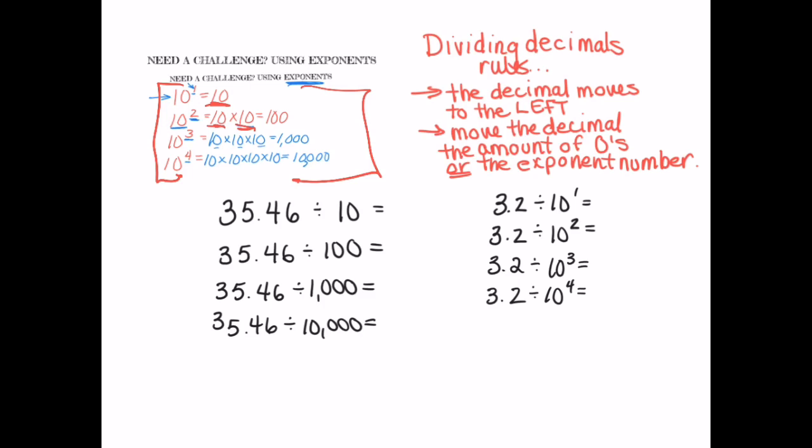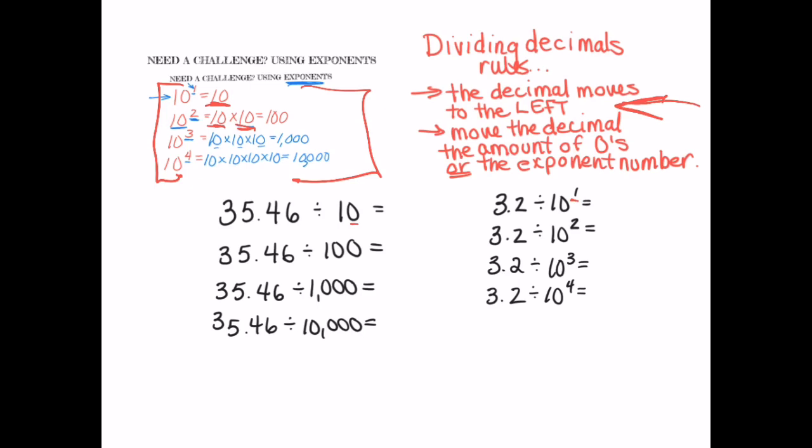So the dividing decimals rule: the decimal moves to the left. So it's going to go this way. You move the decimal the amount of zeros or the exponent number. So how many zeros and how many exponent numbers?